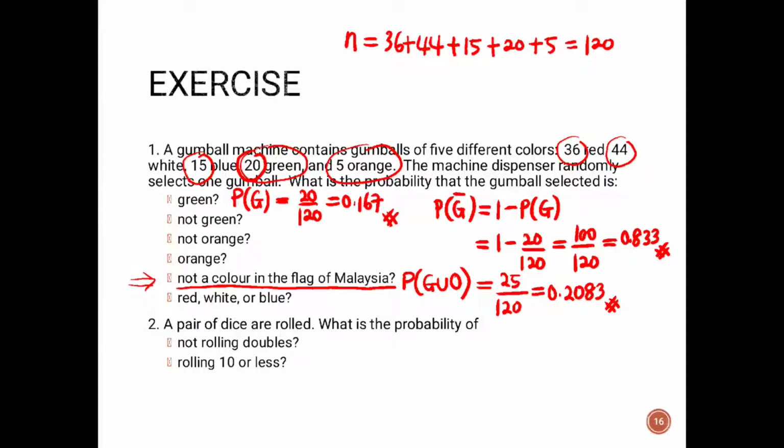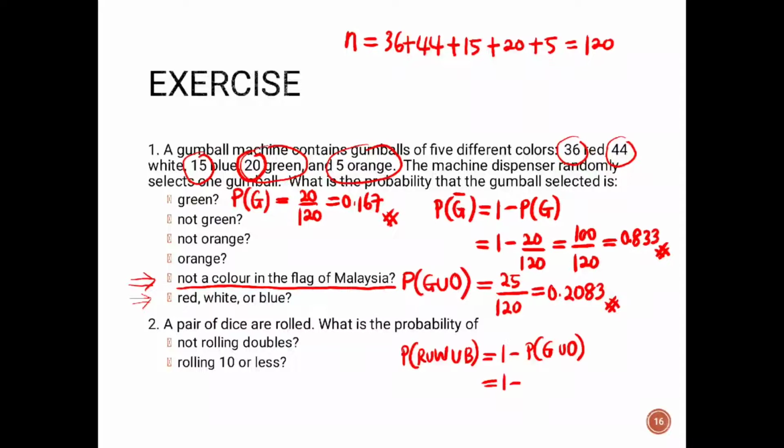Okay, what about the last question here? Red, white, or blue? So what is the probability of red, white, or blue? As we can see, this equals 1 minus probability of green or orange.